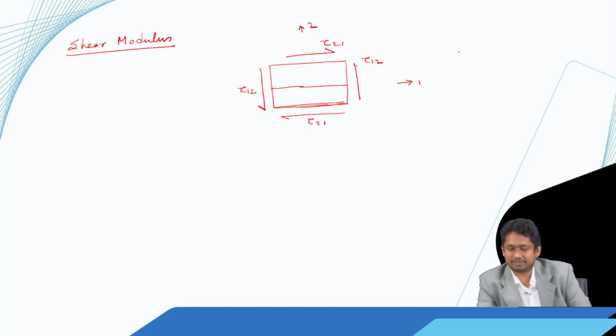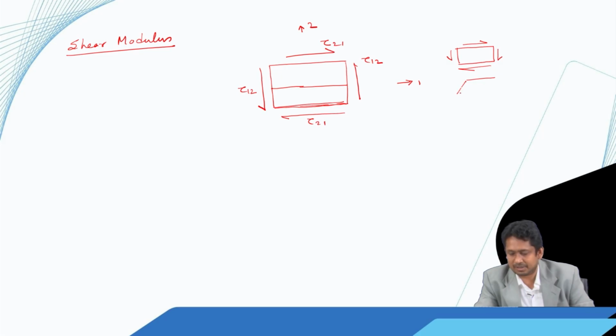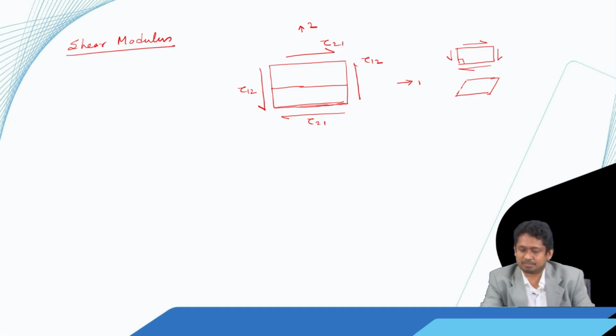Now, we know that the effect of shear is to cause distortion. If this is under shear, it distorts to something like this, that means a rectangle becomes a parallelogram. So, this 90 degree angle is not preserved, it becomes a different angle. If I subtract this angle from 90 degrees, whatever we get is the measurement of shear strain.